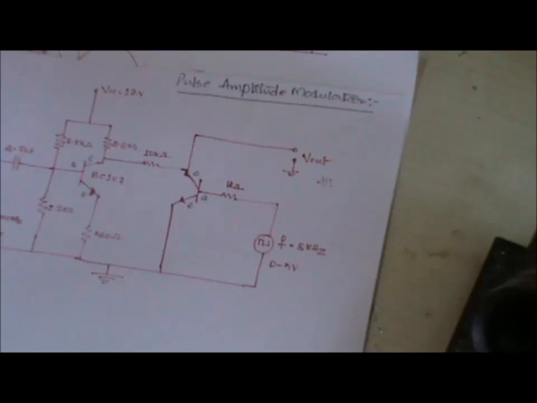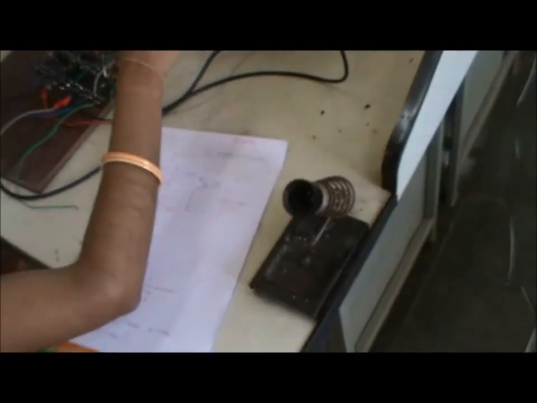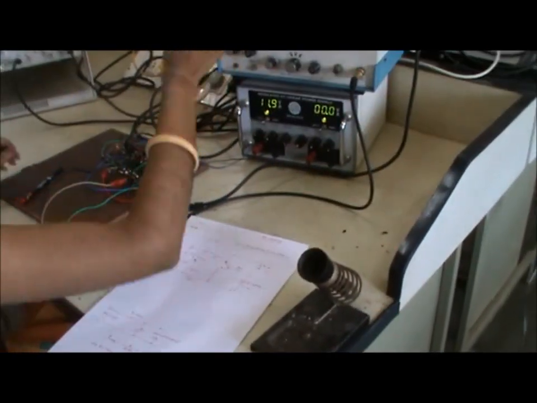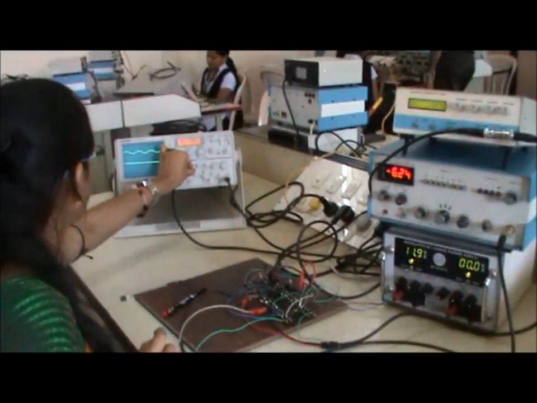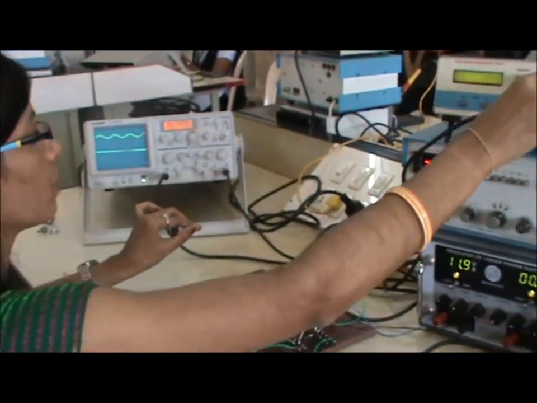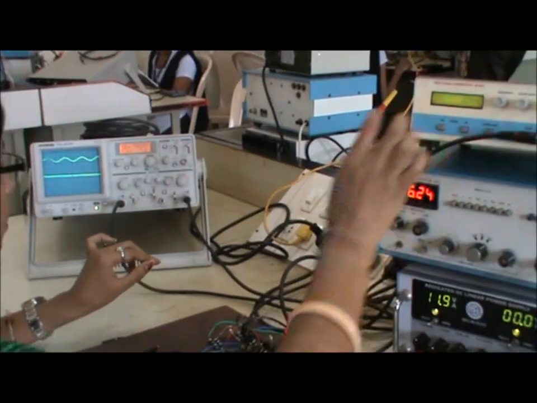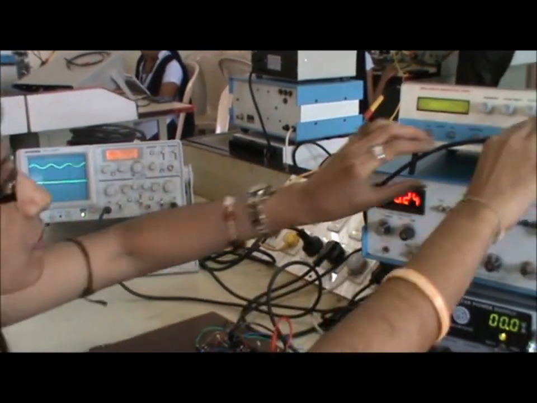Initially take the modulating signal, which I have set to 1 volt peak to peak. After this, take the carrier signal.